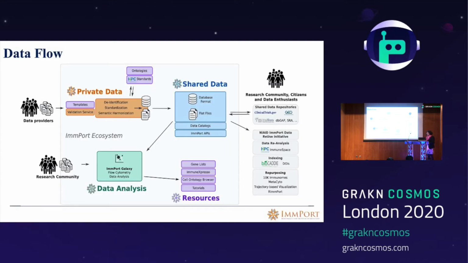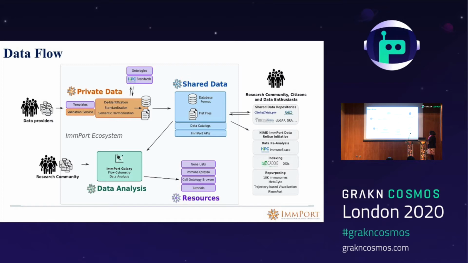Now I'll talk a little bit about the data flow. So we have data providers, and I just mentioned the data providers are the NIAID investigators. Once they submit the data, the data goes to a private space, and once they are ready to publish the papers, they distribute the data.